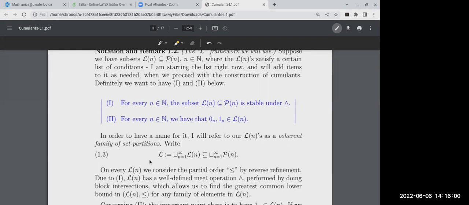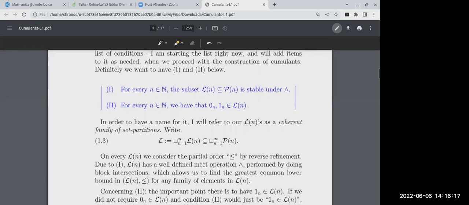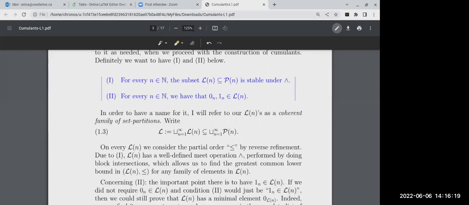For the moment, there's no coherence because these are all conditions stated for the individual L of n's. But as the further conditions 3, 4, 5, 6 come, there's going to be more and more coherence. So this is the kind of structure that I want to look at. This is my L, which is the union of the L of n.